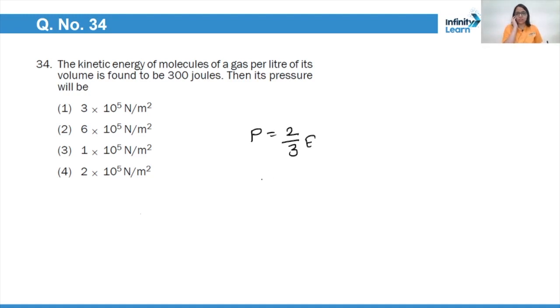And we have a kinetic energy of 1 liter as 300 joules. So E will be 300 divided by 10 power minus 3, right? So pressure will be 2 by 3 into 300 divided by 10 power minus 3, which is 2 into 10 power 5 Newton per meter square, which is option 4.